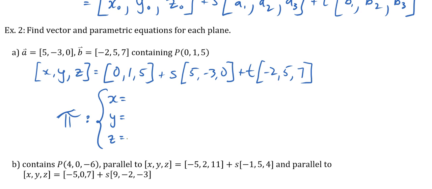So you just take the x part of each, right? So it's 0 plus s times 5 plus t times negative 2. So 5s minus 2t. Then 1 minus 3s plus 5t. And 5 plus 0s, so that's gone, so plus 7t.